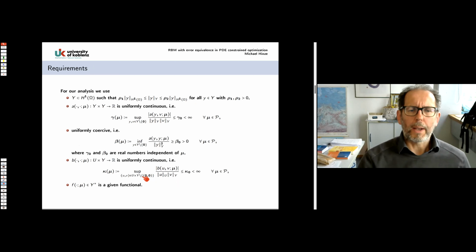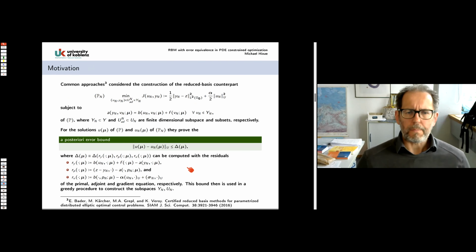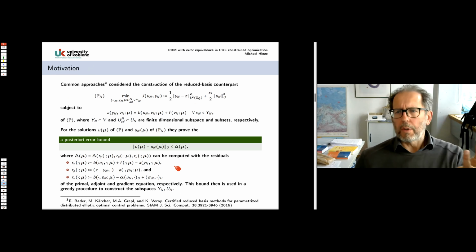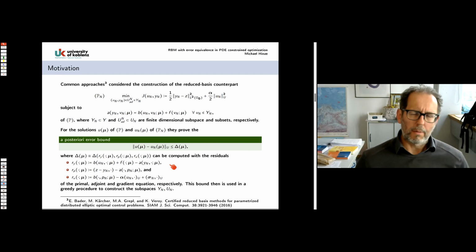So let me now go back to the part. On the other hand, this means if U is not discretized in the problem, there is no residual in U present. Okay. So I get only residuals for quantities in my problem which are discretized. And if U is not discretized, no residual pops up.